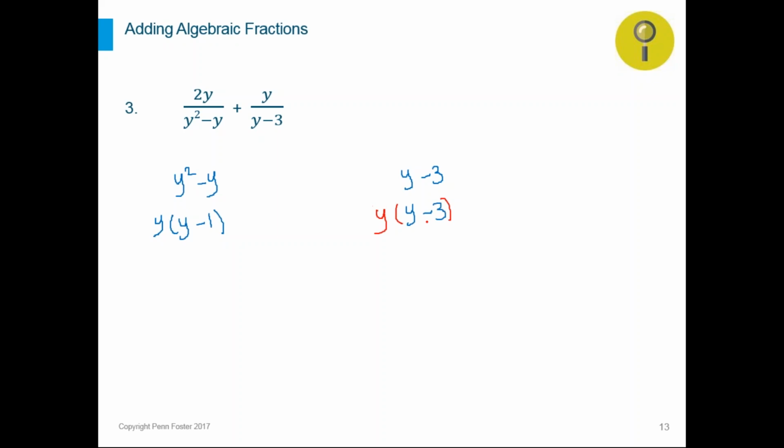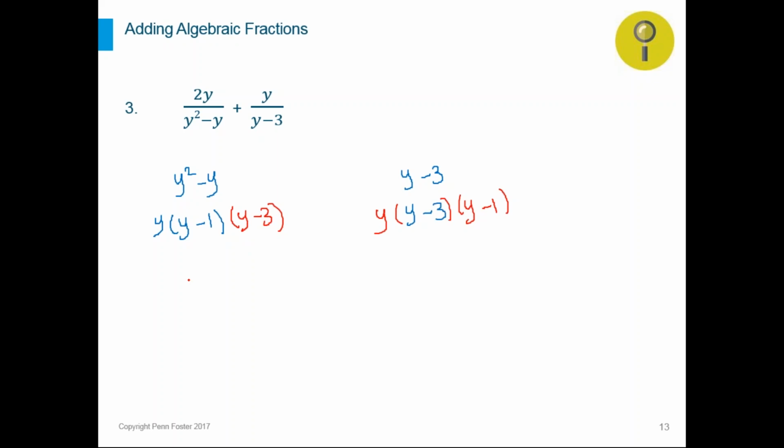The second denominator is also missing a y minus 1, so give it a y minus 1, times y minus 1. The first denominator is missing y minus 3, so times y minus 3 for the first denominator. Now compare: we have a y, a y minus 1, and a y minus 3. This is the LCD of our fractions.